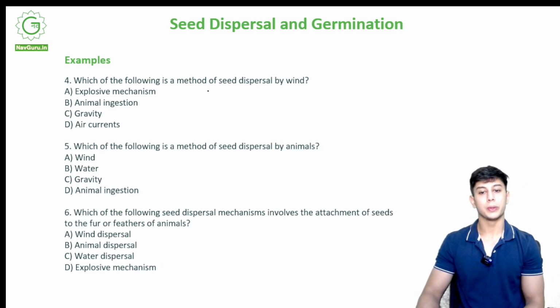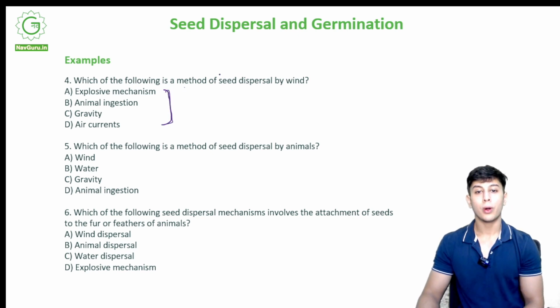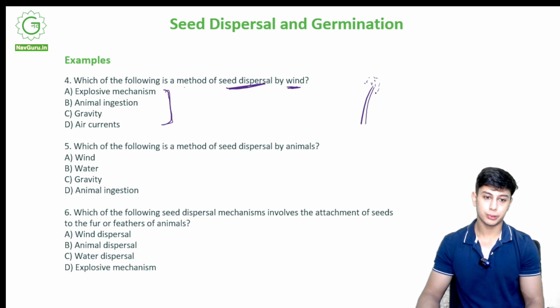Which of the following is a method of seed dispersal by wind? So see what they are asking. Out of these, what would be an example for seed dispersal by wind? I showed you an example of a dandelion, which had very light seeds attached to some wings.